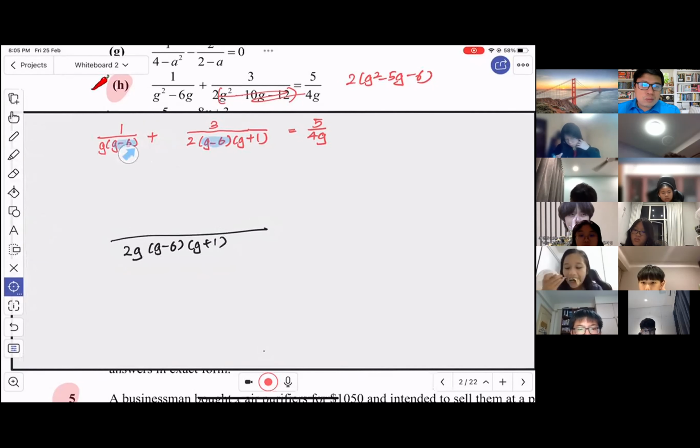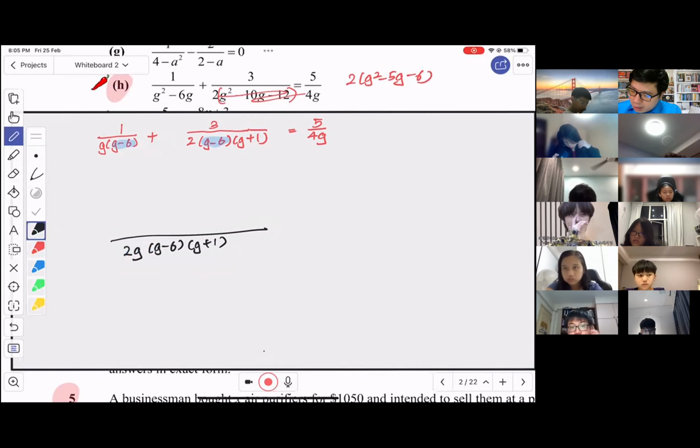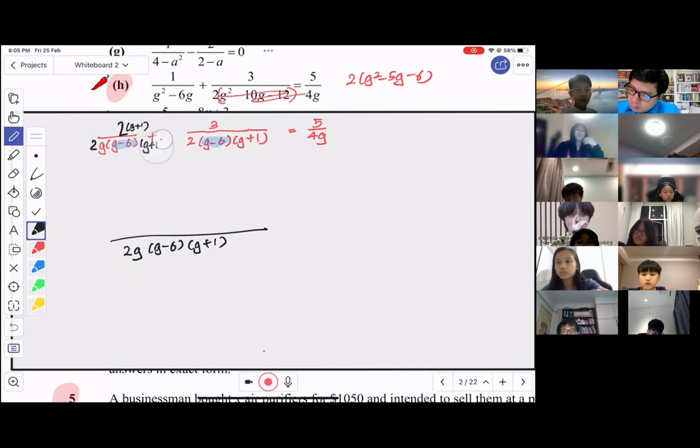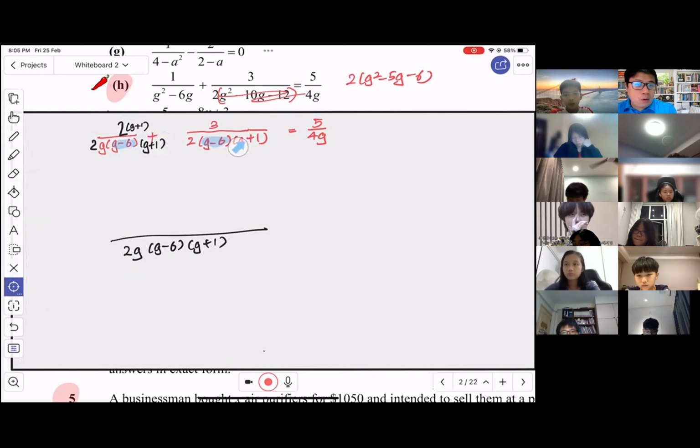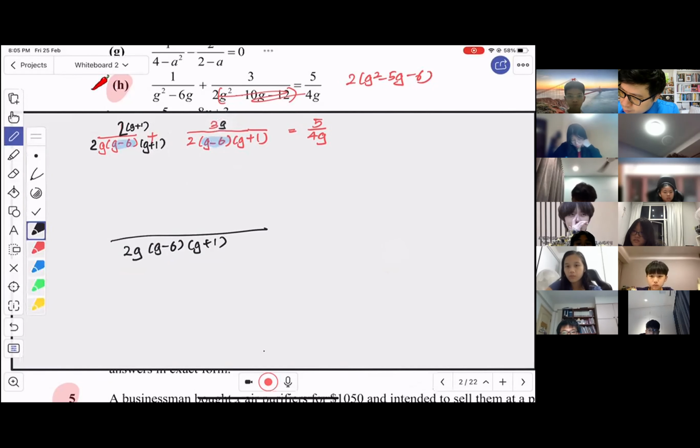To get from here to here, I definitely need a 2, and I need a g plus 1, so I multiply by g plus 1. On the right-hand side, again I look at the LCM, and I need a g. So this is what I have.